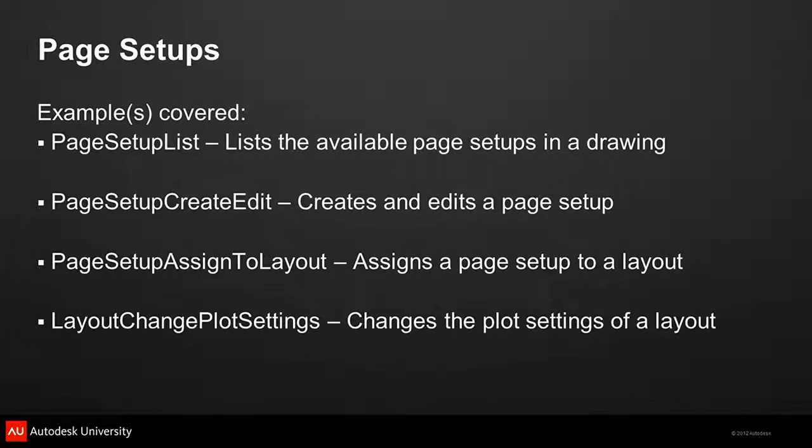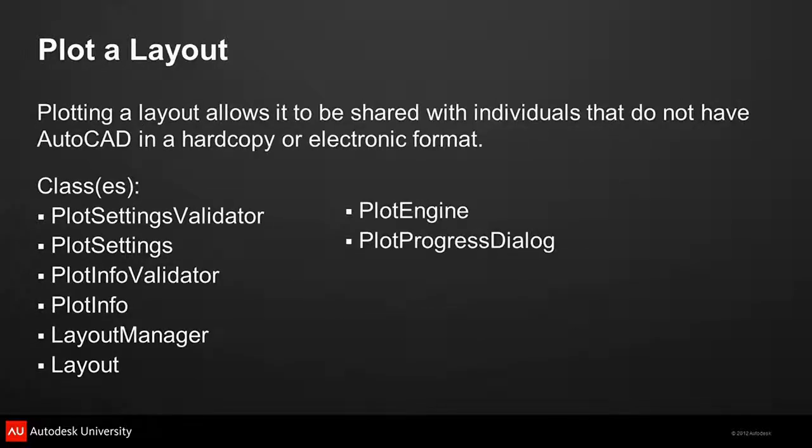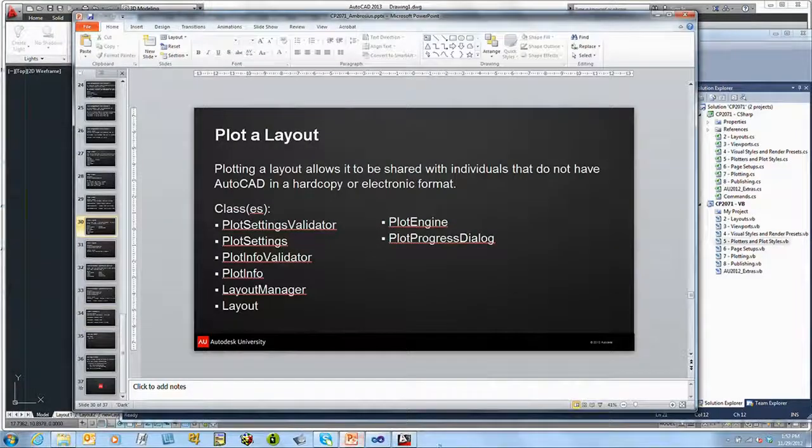Listing page setups, simply stepping through a dictionary, creating them from the dictionary, as well as assigning them to a layout is simply just kind of copying information back and forth. You can clone some of the information and stuff like that as well. Layout change plot settings, so I can simply change the plot settings directly on the layout without having to assign a named page setup or going directly to it.